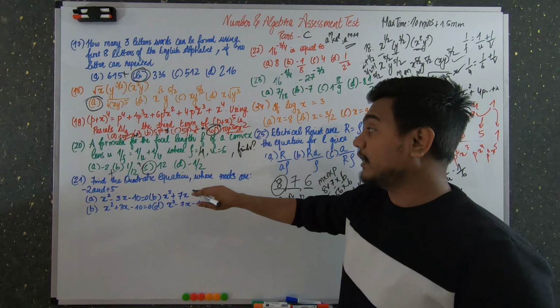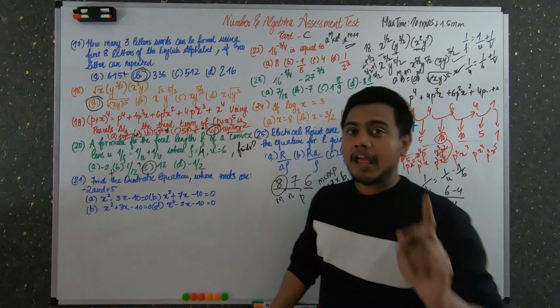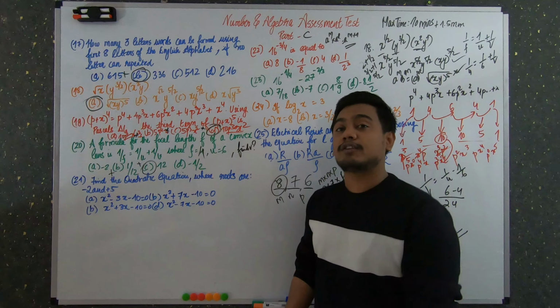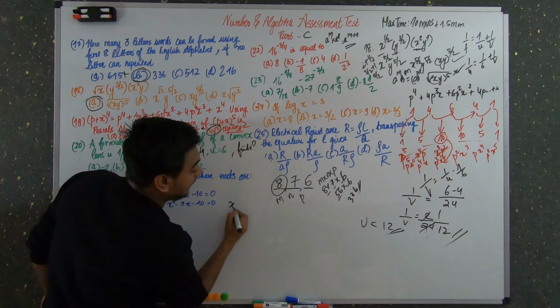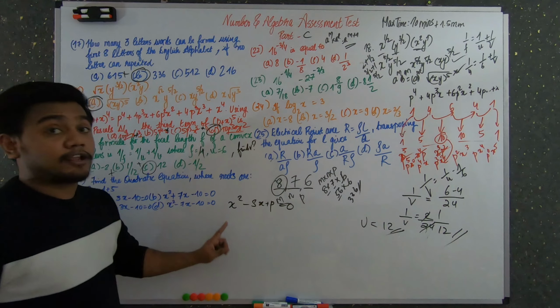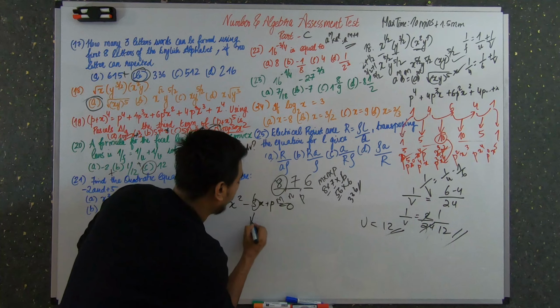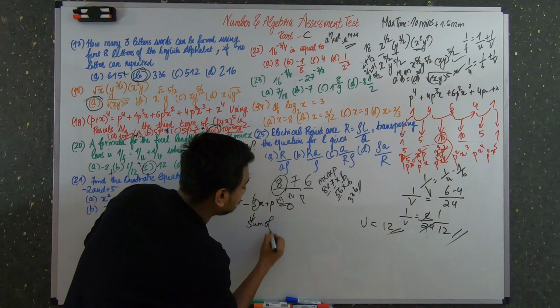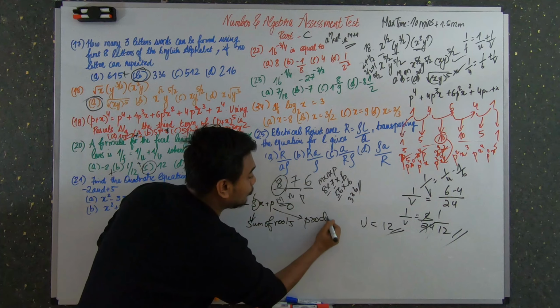Now let's find the quadratic equation whose roots are -2 and 5. I have taught you an easier way to find that. You may be familiar with this formula, x square minus s x plus p. This is the formula for a quadratic equation when the roots are given, where s is the sum of roots and p is the product of roots.